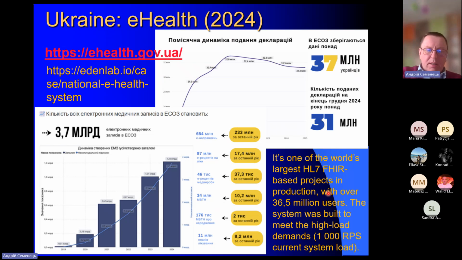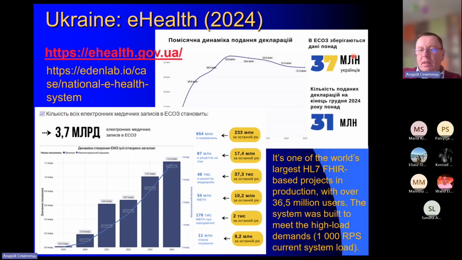So just let's say some story. I do not have a chance to translate these pictures, but here we have some statistics about the usage of e-health in Ukraine by the end of 2024. In fact, the National Health Service reports that almost all Ukrainians are already registered in the system. Most of them, so 37 million.